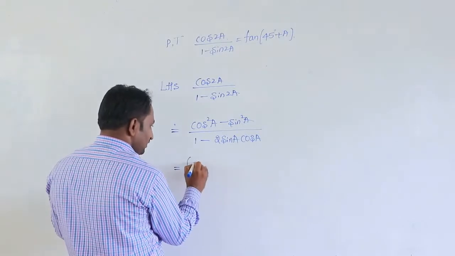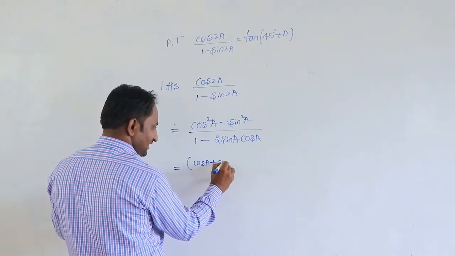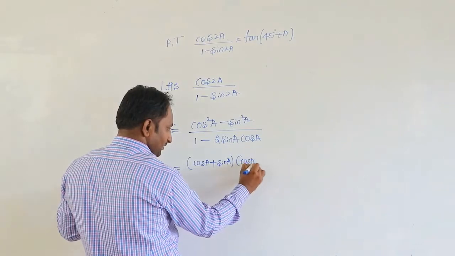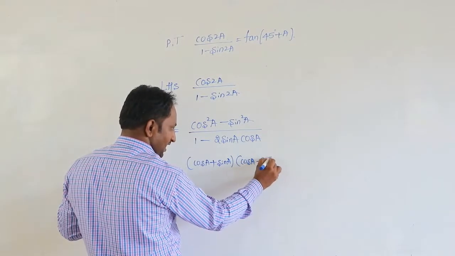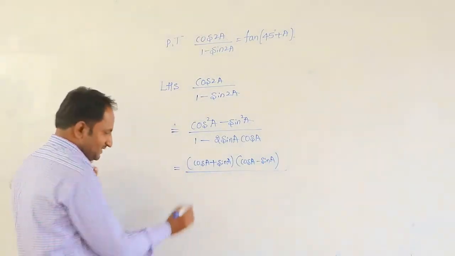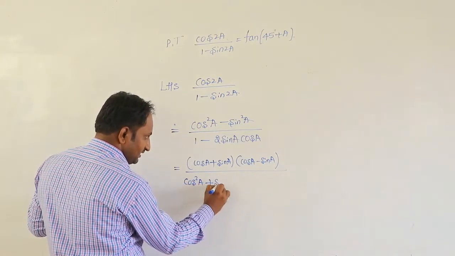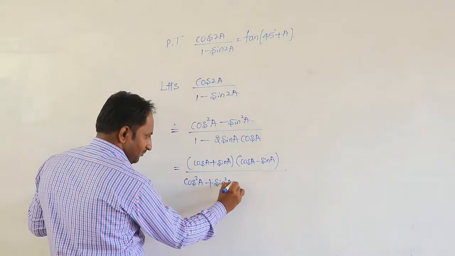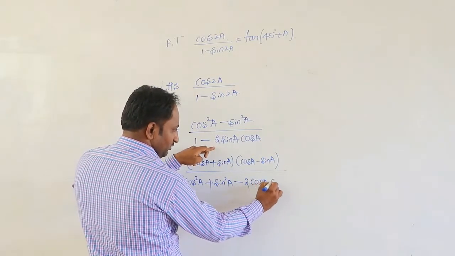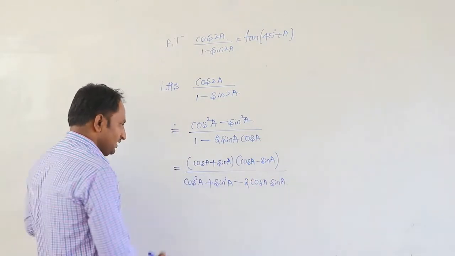That implies (cos A plus sin A) (cos A minus sin A), divided by 1, which can be expressed in the form cos square A plus sin square A minus 2 cos A sin A. Because multiplication is there, we can change this.